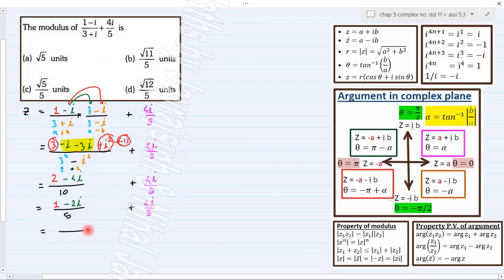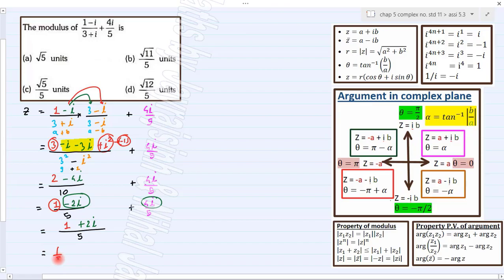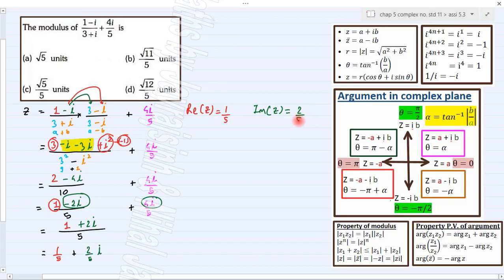Now here, your denominator is common. So the real part will be 1, and to get the imaginary part, you have to take minus 2i plus 4i, or we can say 2i. Let's give individual denominators: 1 by 5 plus 2 by 5 i. So we can say the real part of z is 1 by 5 and the imaginary part of z is 2 by 5.